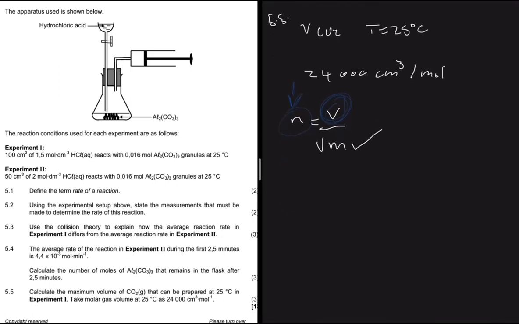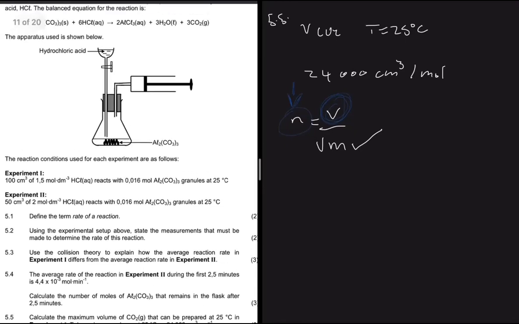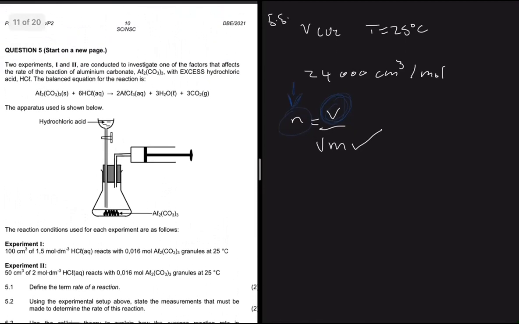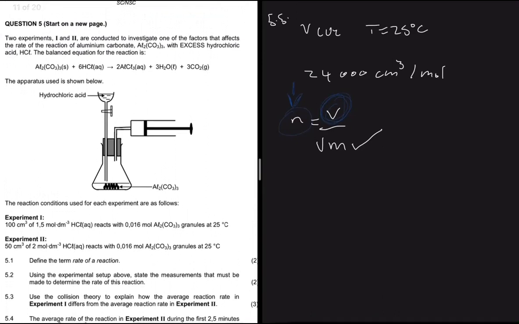But to find the number of moles, it's not really complicated because we can use the equation to do so. We know that in our balanced equation, we have CO2 which is balanced by 3, and then we have aluminum carbonate, Al2(CO3)3, which is balanced by nothing, which is basically just 1.